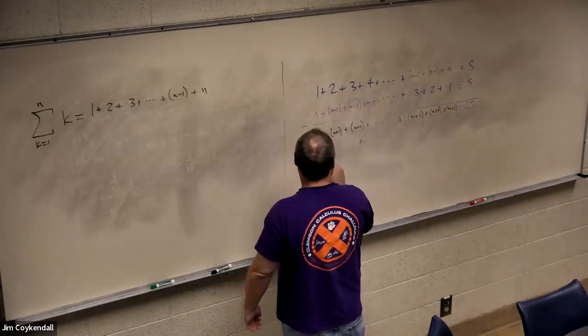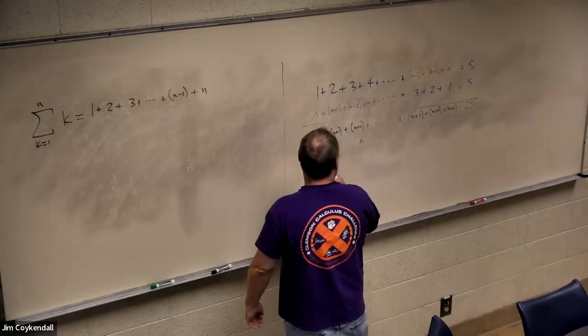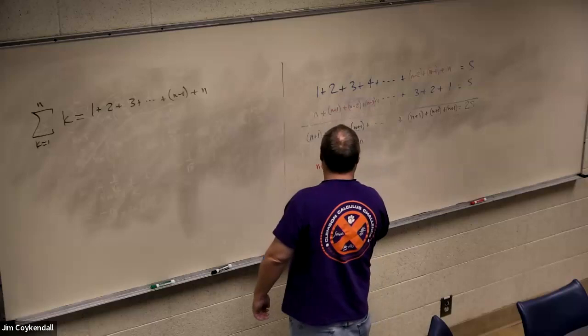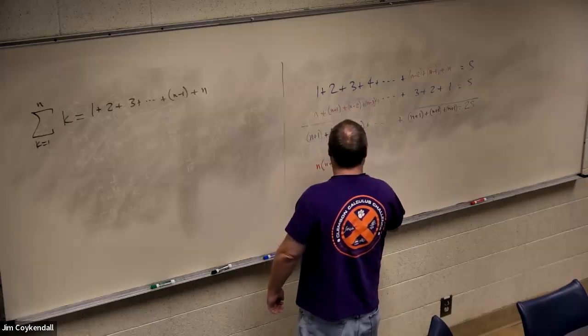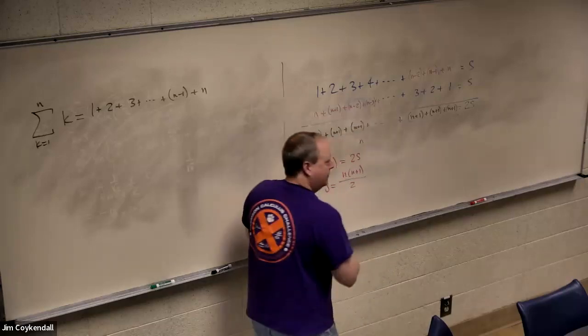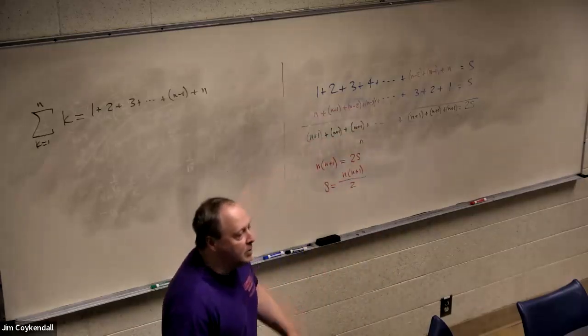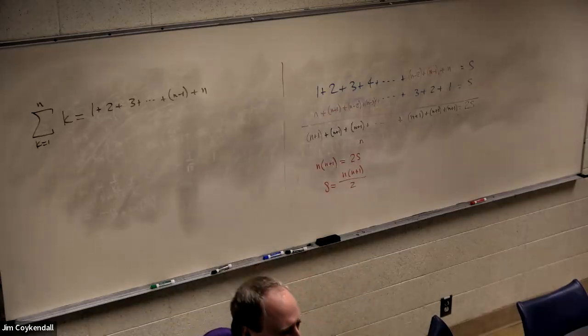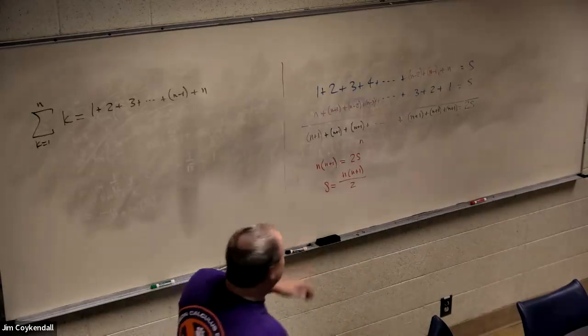So n plus 1 added to itself n times is twice the sum, and so I have a more general formula. Notice when you plug in 100 for n, you get 5,050, but now this works for any n.